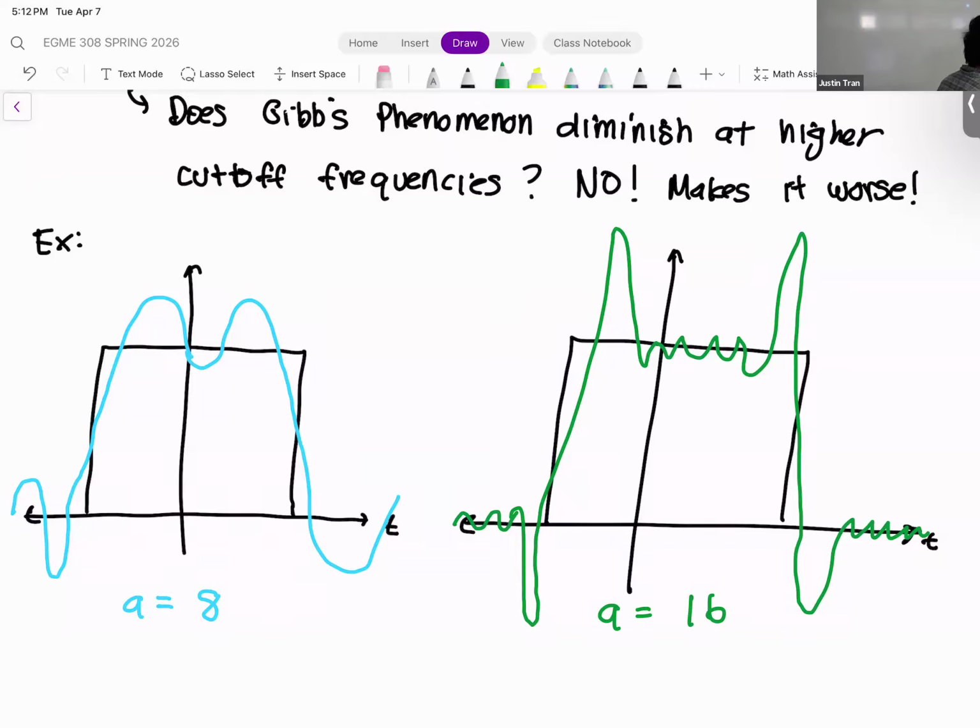In theory, if you were able to set your cutoff frequency to infinity, something magical happens where the Gibbs phenomenon goes away. It's one of the weird singularities of Fourier mathematics, where if you keep increasing A, as long as A stays finite, the Gibbs phenomenon you observe gets worse and worse.